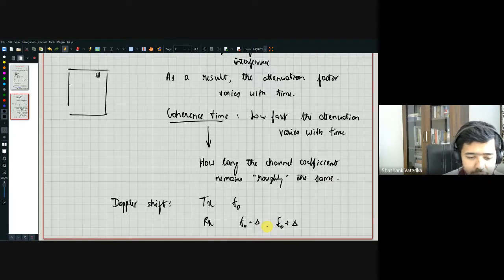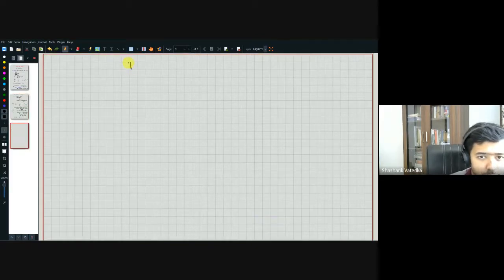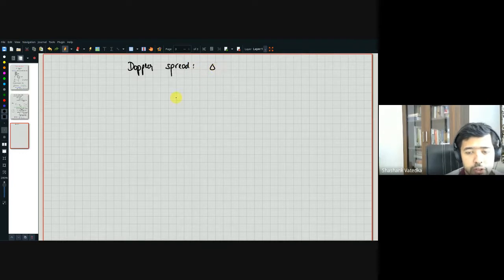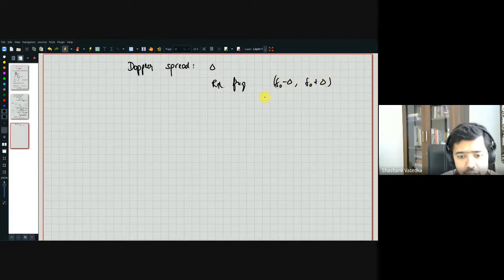Okay, and how much the frequency varies is characterized by what is called the Doppler spread. So you say that the Doppler spread is delta if the received frequency is between f0 minus delta and f0 plus delta.